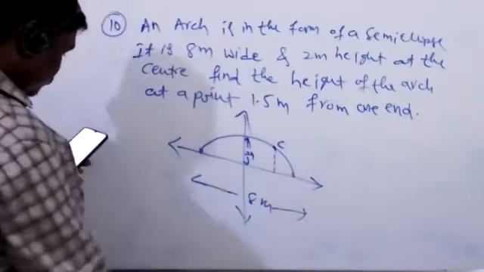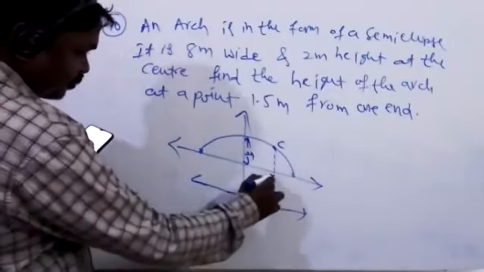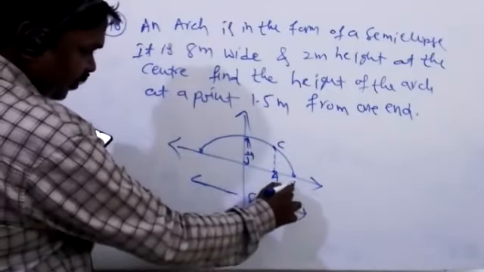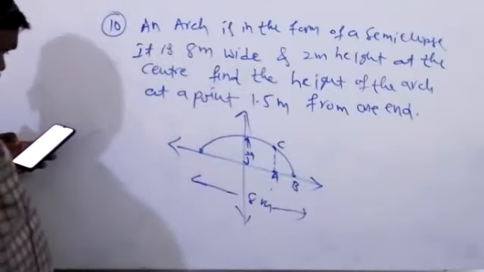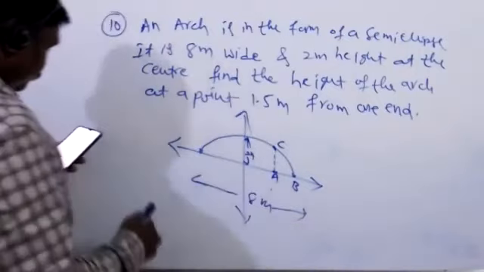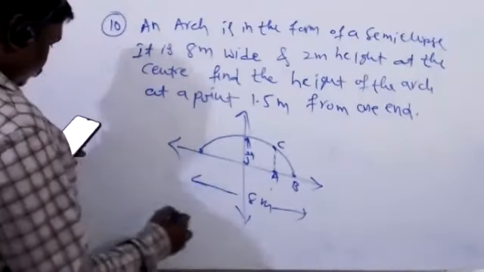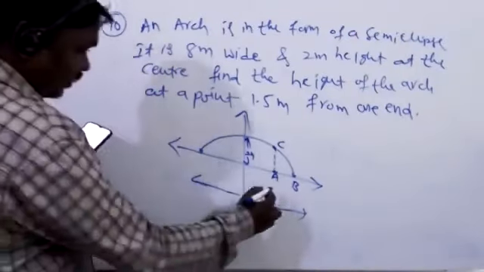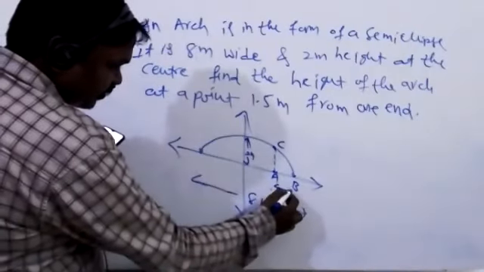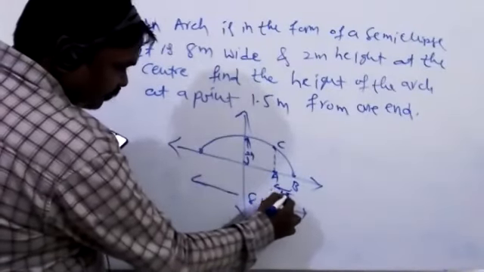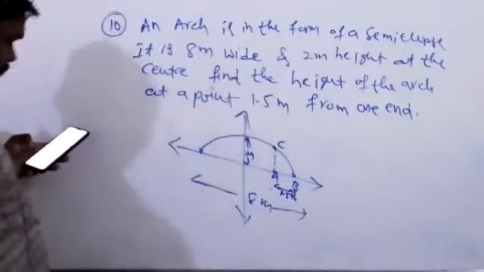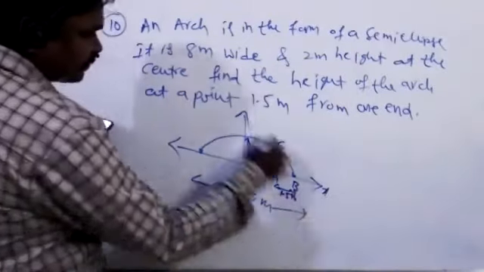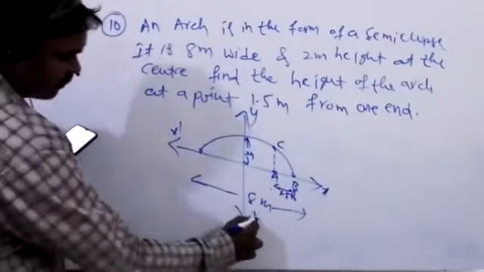Suppose this point is C and this point is A and this point is B. And this point is at width 1.5 m. X, y, x dash, y dash.